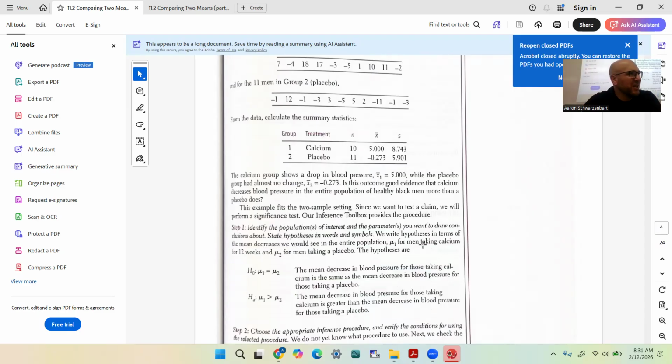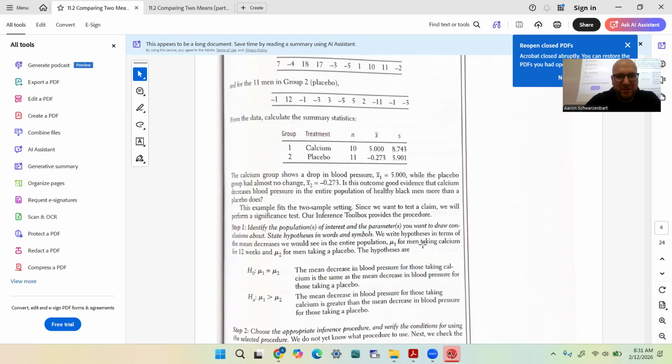There's obviously lots of other things that do this, but if on average it helps, we're going to tell people to take calcium because that's a pretty easy thing to take. It doesn't seem to have much for negative side effects.